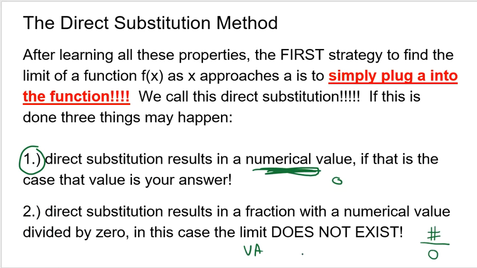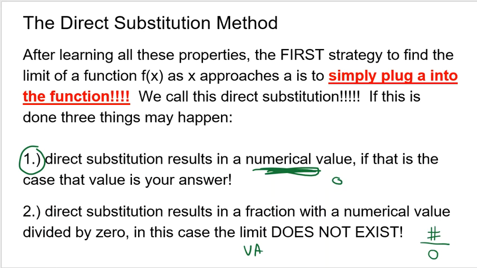And remember, when you approach a vertical asymptote, you shoot straight up towards infinity or straight down towards negative infinity. So the two sides clearly do not come together, hence the limit does not exist. Direct substitution is so helpful. If you plug a in and you get a number, that's your answer. If you get a 0 in the denominator, does not exist.